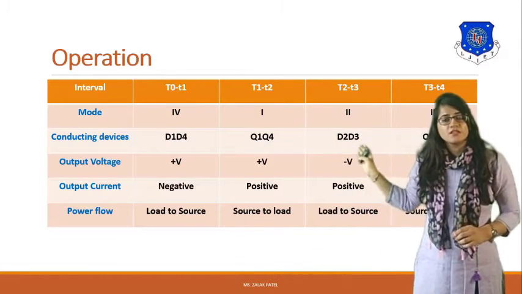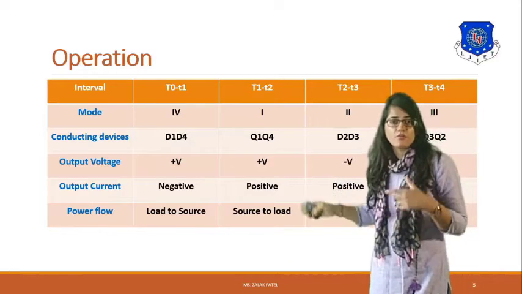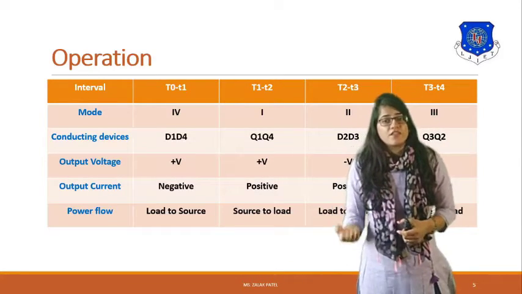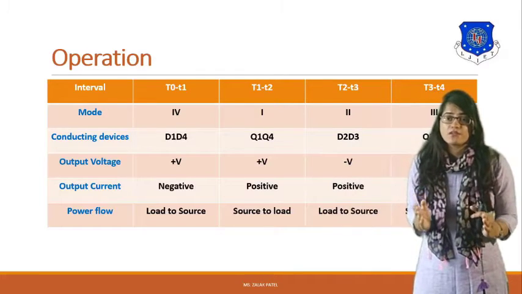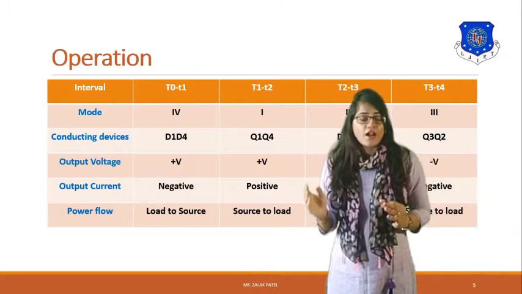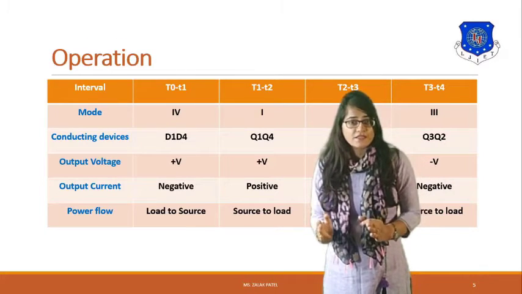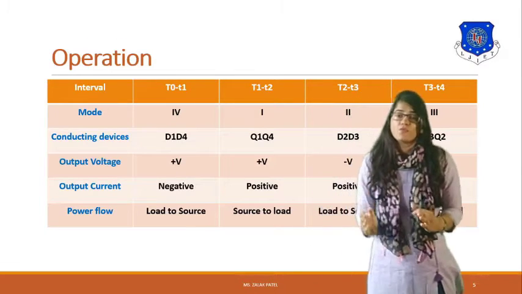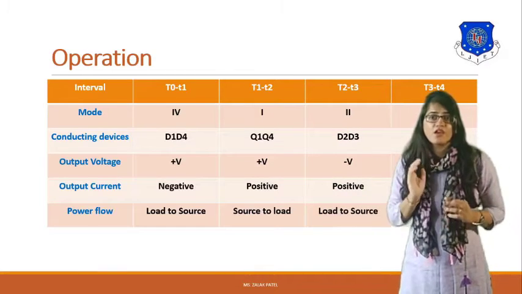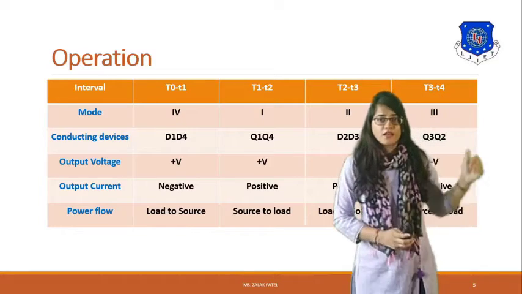When diodes D2 and D3 operate, the output voltage is negative. The power is decided by the multiplication of voltage and current, and if one term is negative, meaning the voltage is negative, the power flow will be from the load to the source side.